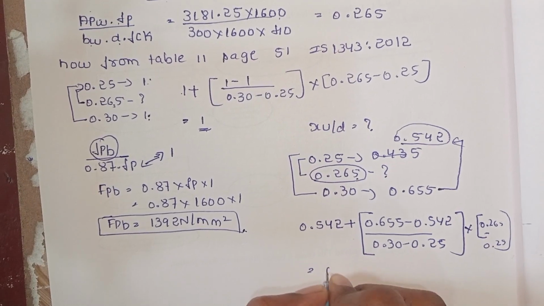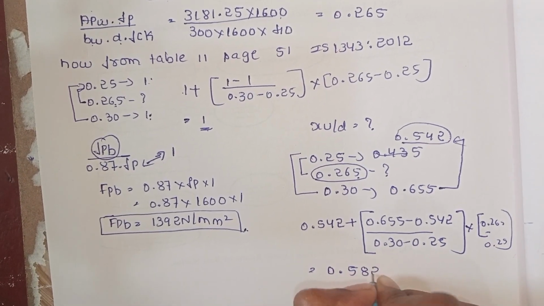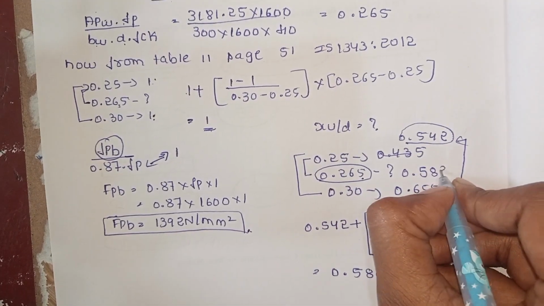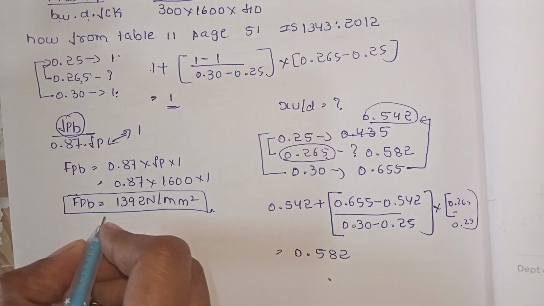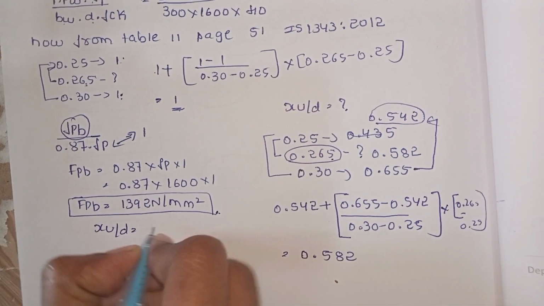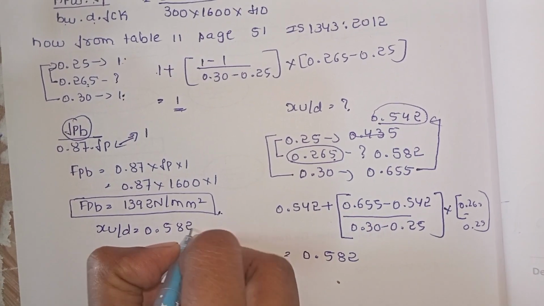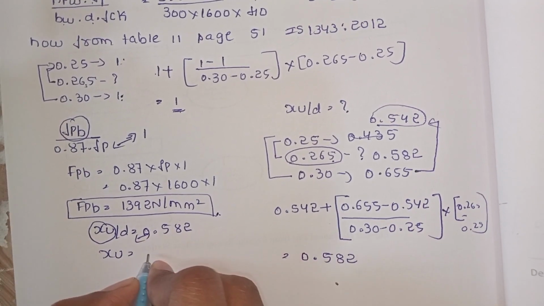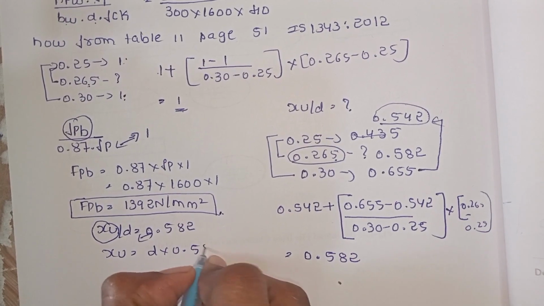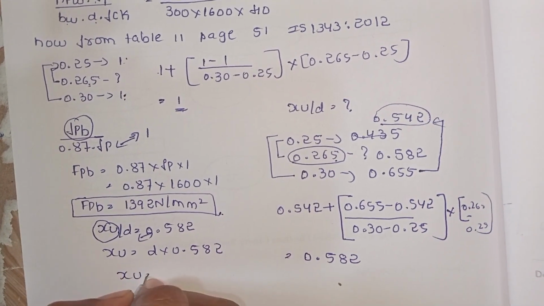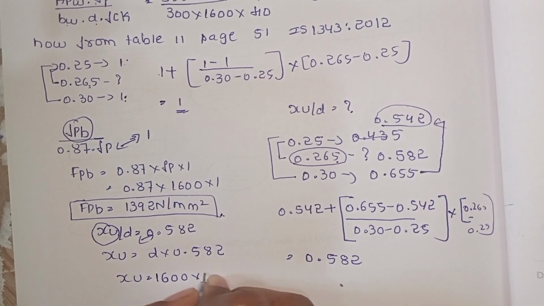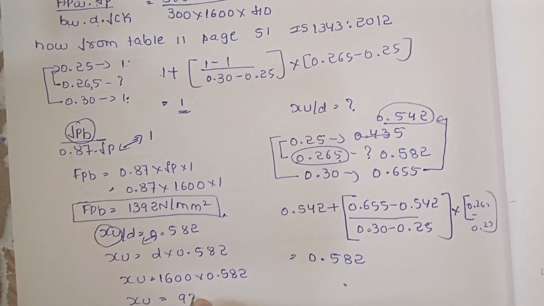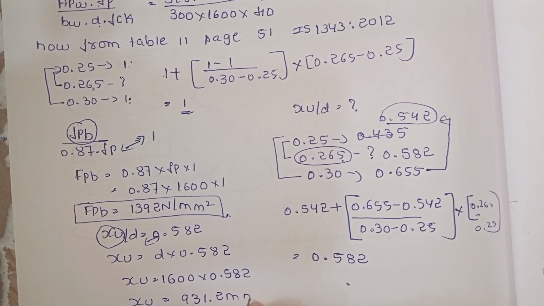Now we got the answer as 0.582. So 0.265 corresponding value is 0.582. So XU by D value is 0.582. Now we want the XU value. So XU equals, by cross multiplication, D into 0.582. XU equals D, given in the question, 1600, into 0.582. So now we got the XU value as 931.2 mm.